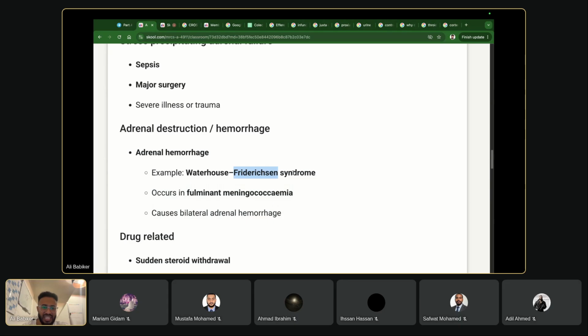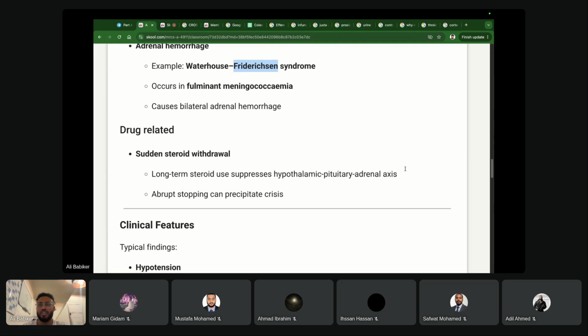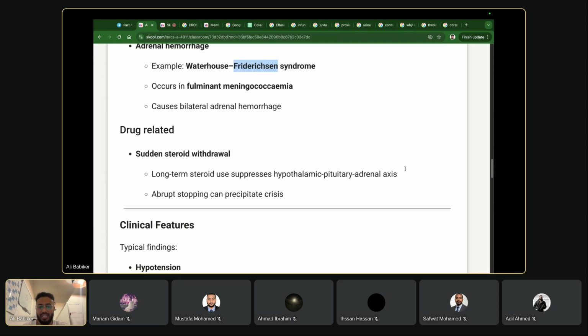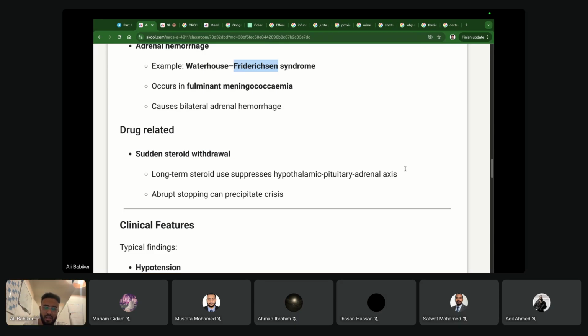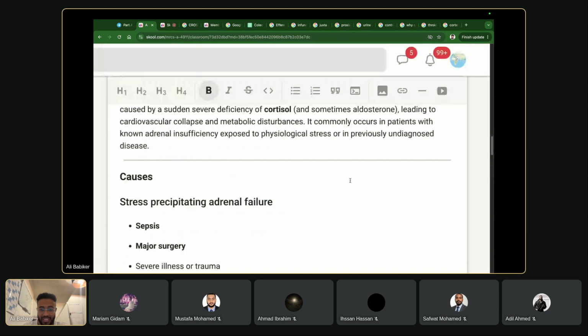Then we have drug-related: sudden steroid withdrawal. Long-term steroid use suppresses the hypothalamic-pituitary-adrenal axis. If you're taking steroids for a long time and you suddenly stop, your adrenal gland is used to ACTH to activate it.